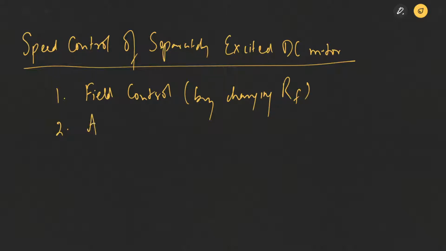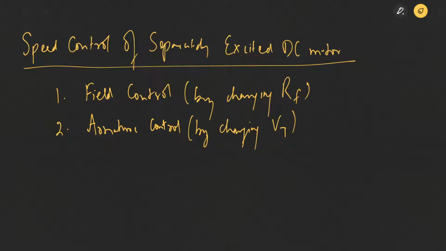And then there will be the armature control strategy, in which case you change the terminal voltage that's applied to the armature circuitry. If we increase the terminal voltage that's being supplied to the armature of the DC motor, the speed will increase. If you decrease that voltage, the speed will decrease.